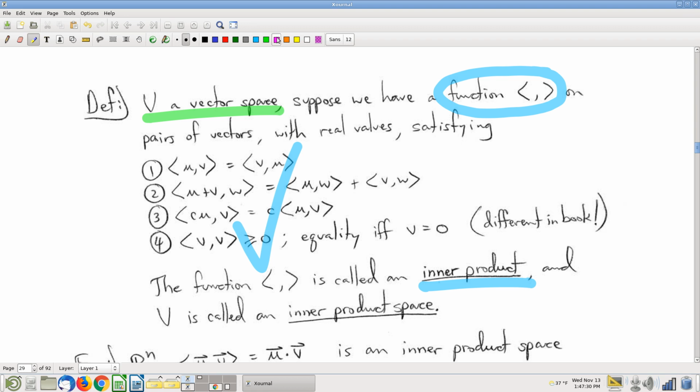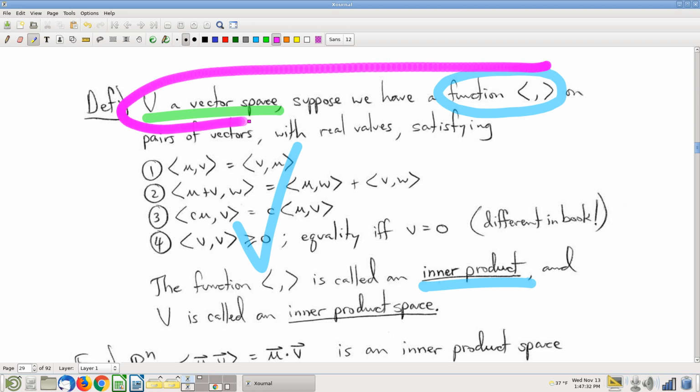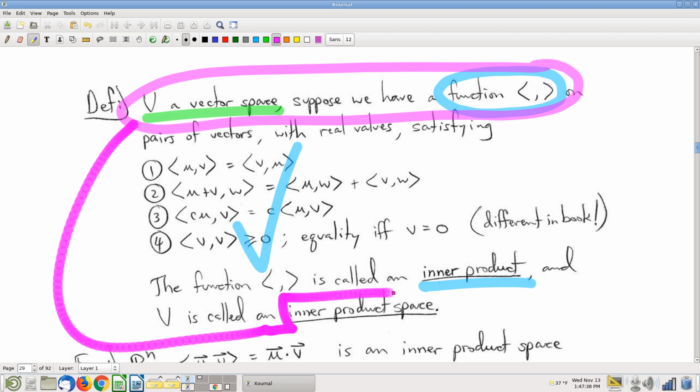And then this combination of vector space with an inner product, we call an inner product space. So we go into this with a lot of optimism of, hey, abstractions, generalizations sure did work out well for us when we were playing around with vector spaces. So maybe we'll get just as lucky here.